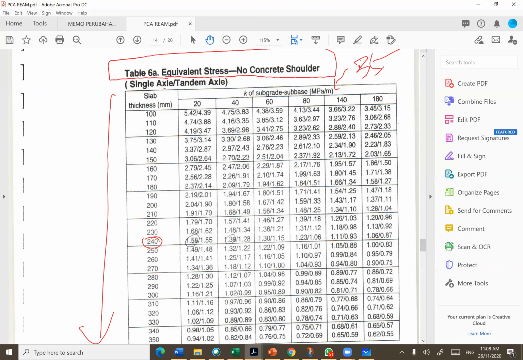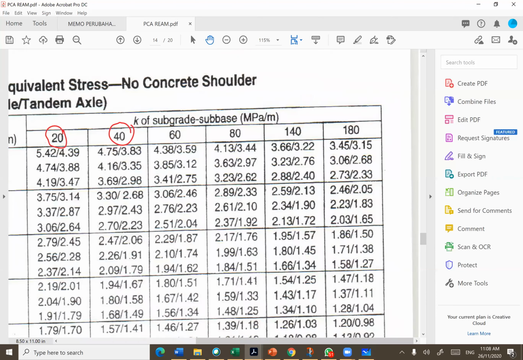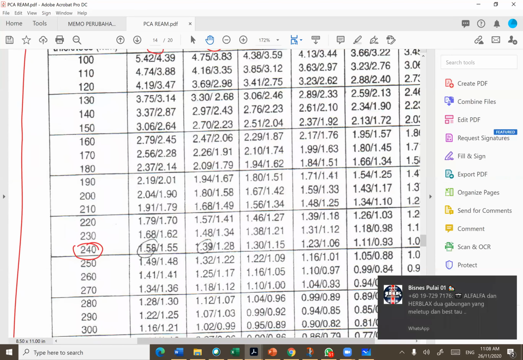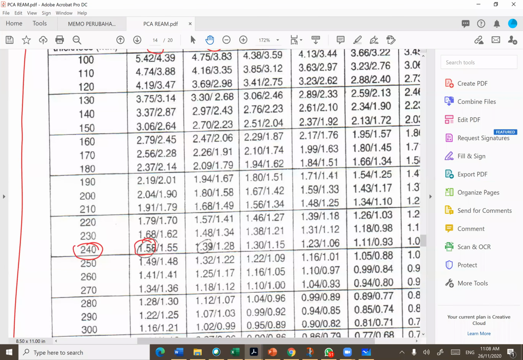If you look here, we have 20, we have 40. For 20 they have 1.58 slash 1.55. What does it mean? 1.58 is for single, and the one below is for tandem.